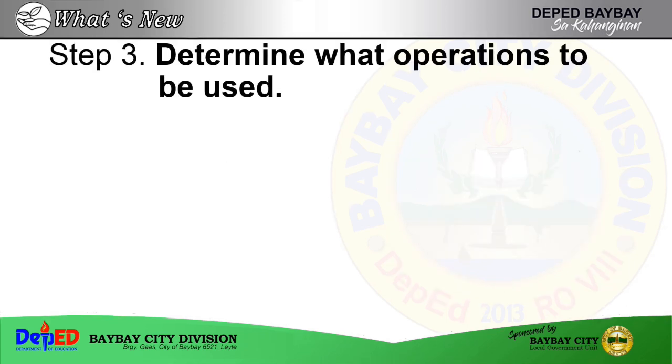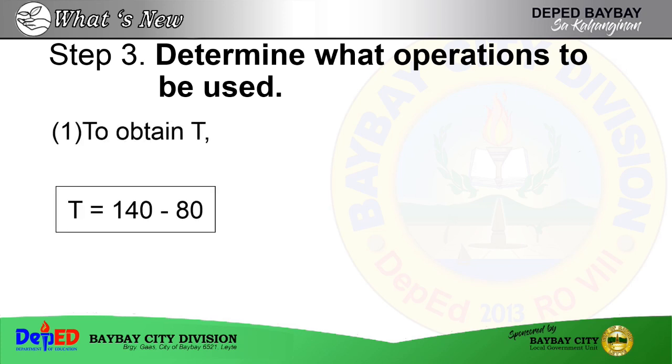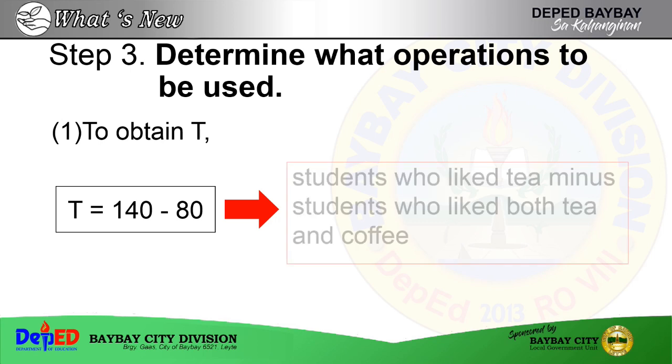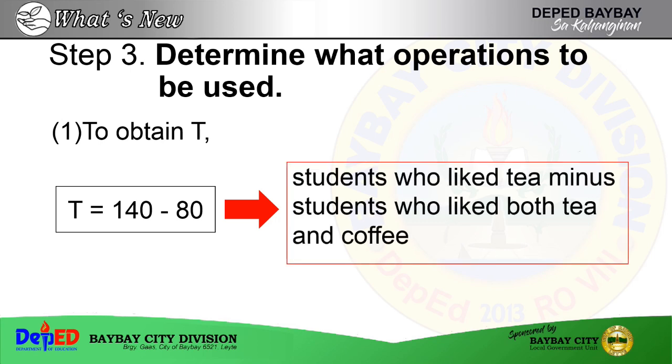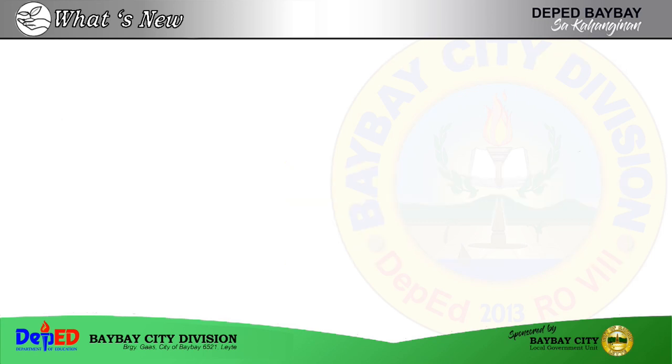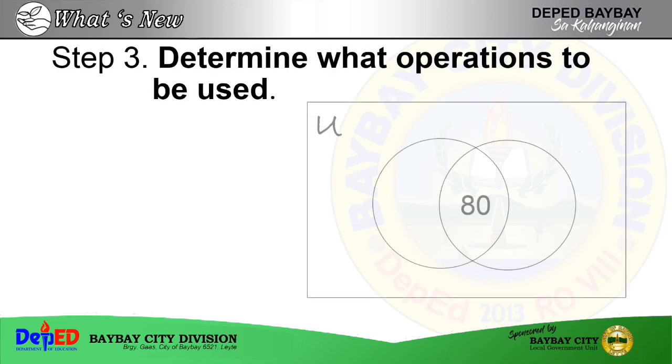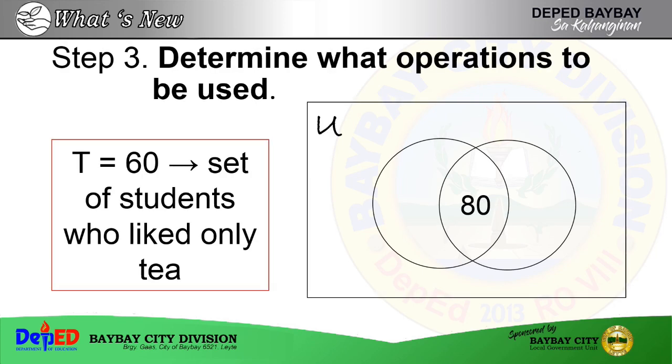Step 3. Determine what operations to be used. To obtain T, T equals 140 minus 80. These are the students who like tea minus the students who like both tea and coffee. So T equals 60, the set of students who like only tea.